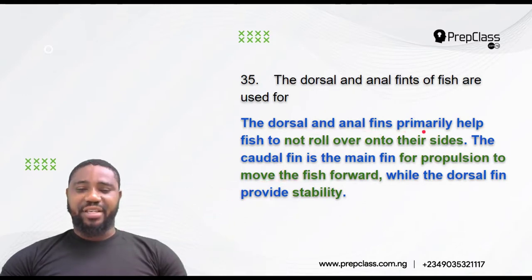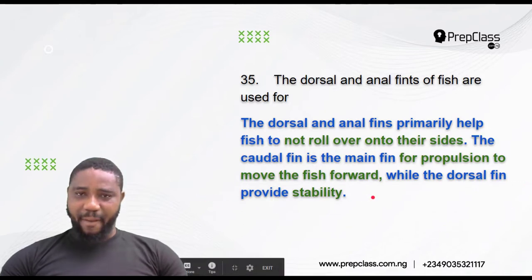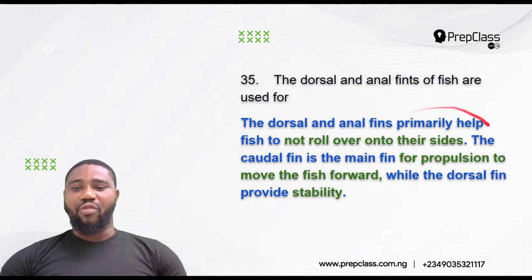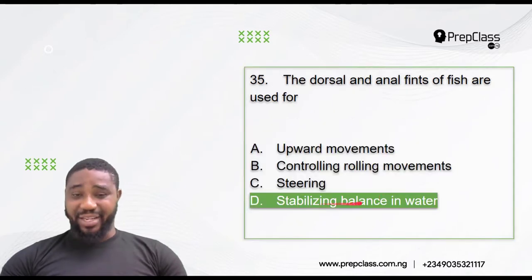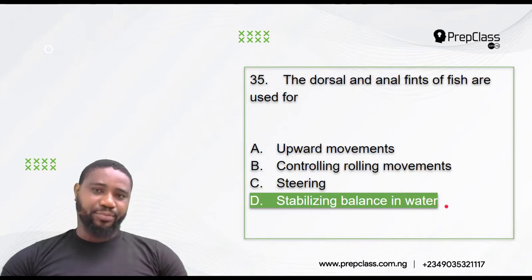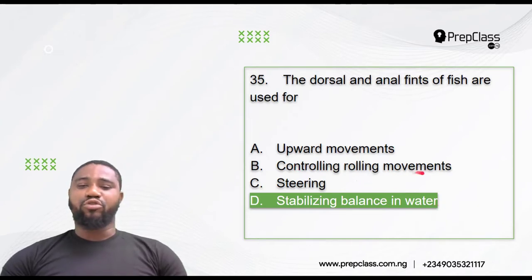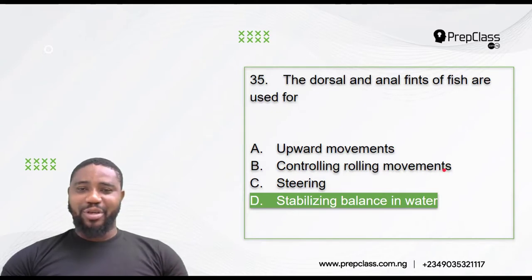Now, the dorsal and anal fins primarily help fish to not roll over to the other side. The caudal fin is the main fin for propulsion to move the fish forward, while the dorsal fin provides stability. So the answer is not controlling rolling movement, because fishes do not roll, they swim straight.